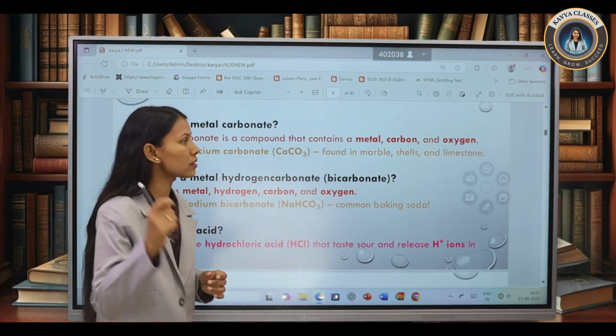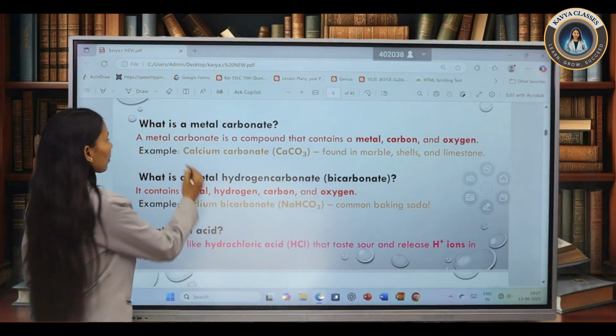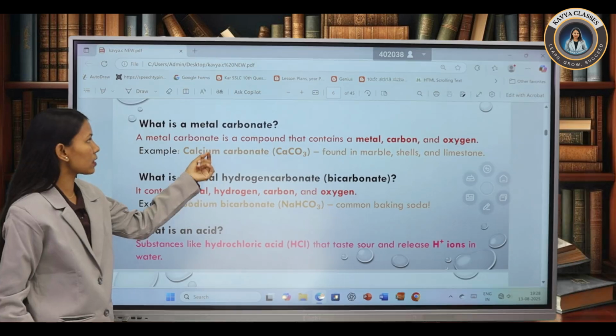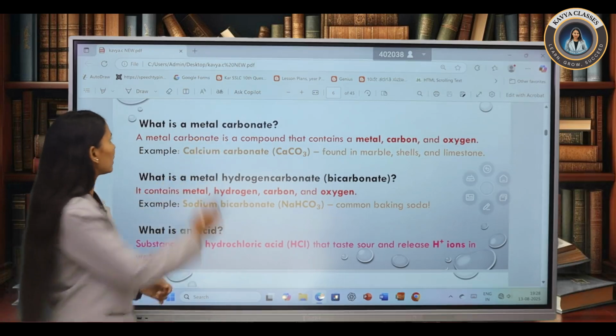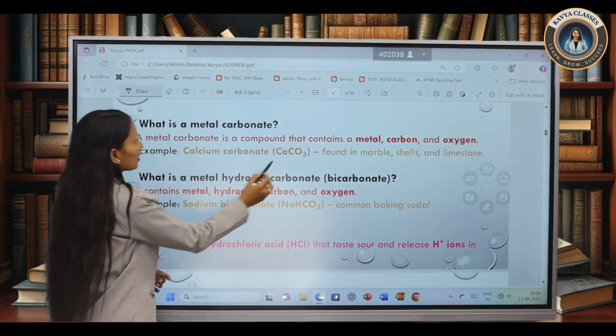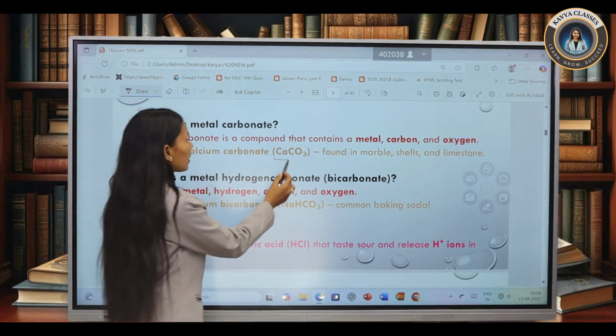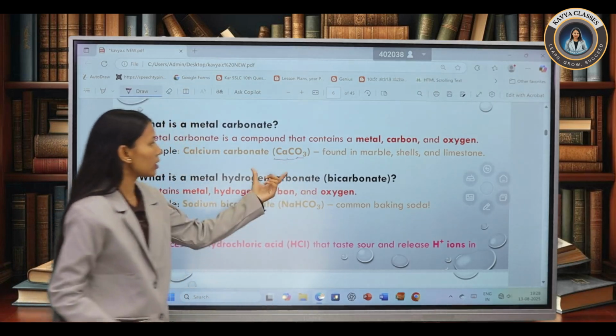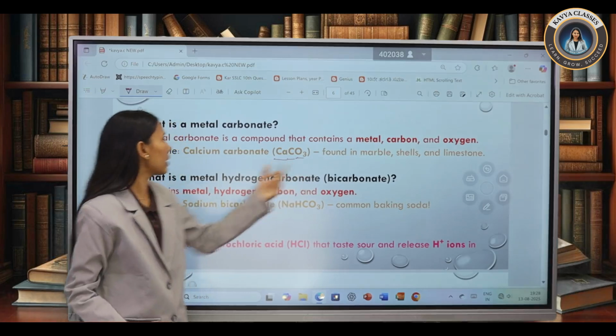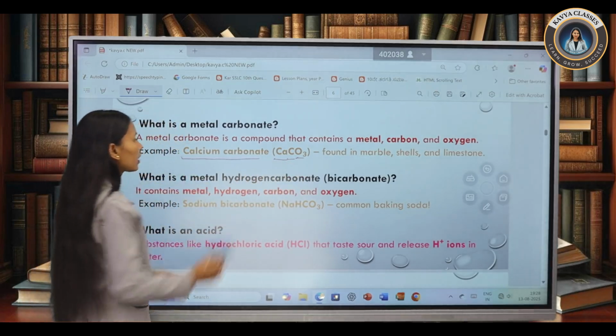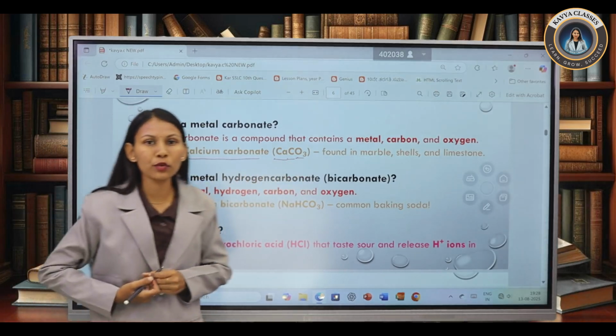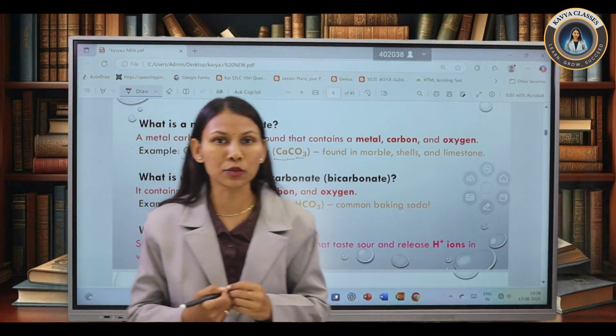Let us take one example, that is calcium carbonate, the best example for metal carbonate. Here calcium is a metal, again carbon and oxygen. Once these three elements combine, they form a compound that is calcium carbonate. Where do you find this calcium carbonate usually?